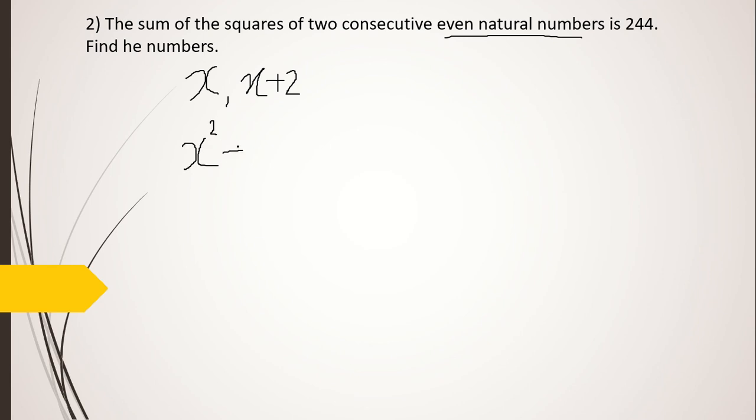Squares and sum. So we have to square these two numbers because they have said sum of the squares of. Now x and this are the two numbers, so we got to square them first and then take the sum of it. Okay, and it is how much? 244.